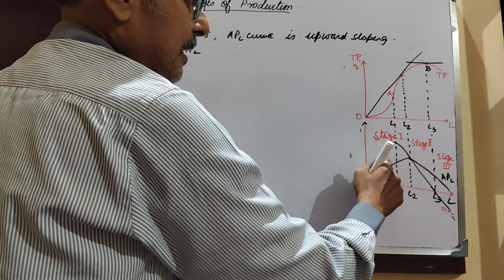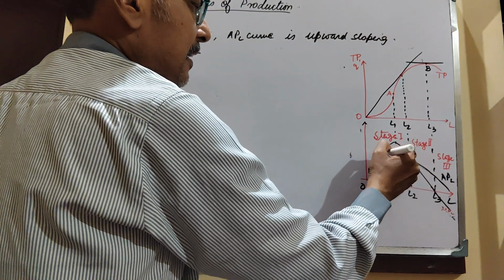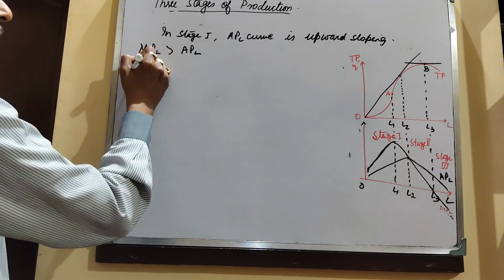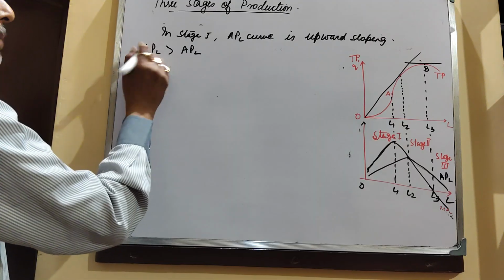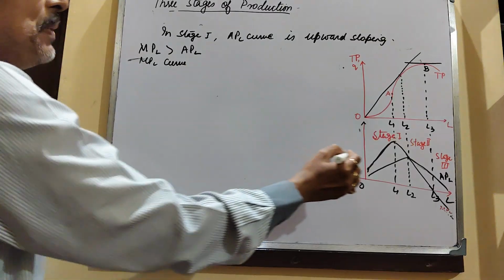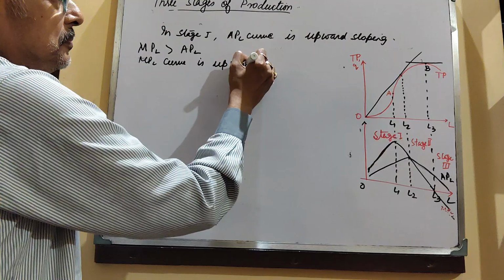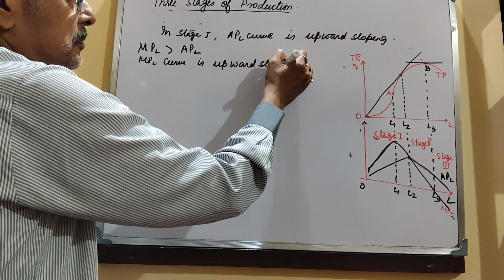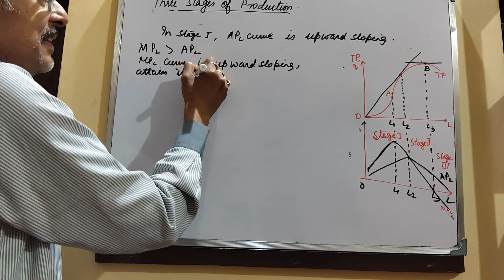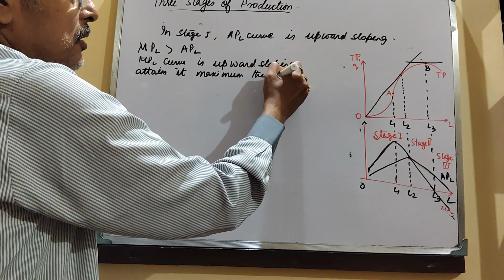Look, this MPL curve is greater than this APL curve. The MP curve is upward sloping, attains its maximum, then falls.